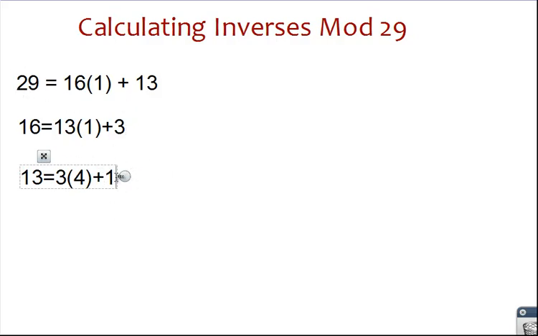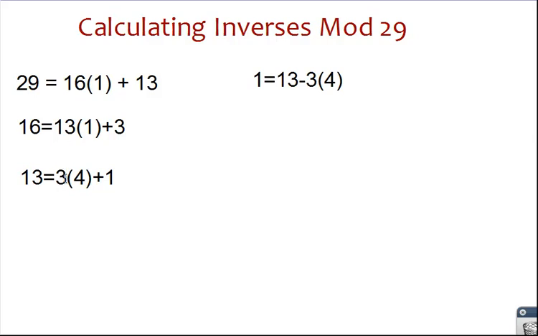We start with this last line, and I'll bring it up over here. So 1 is equal to 13 minus 3 times 4. But I know that I can express 3 in terms of 16 and 13.